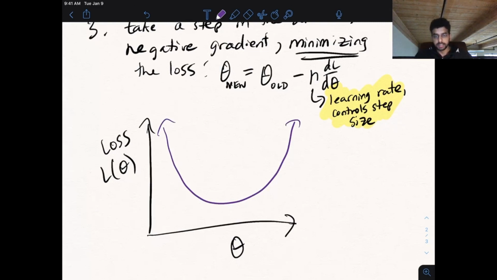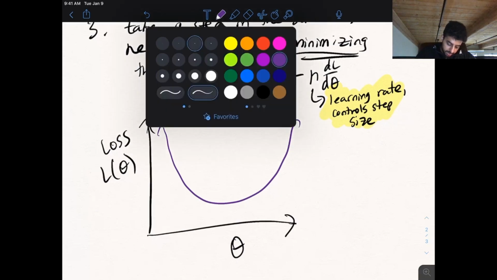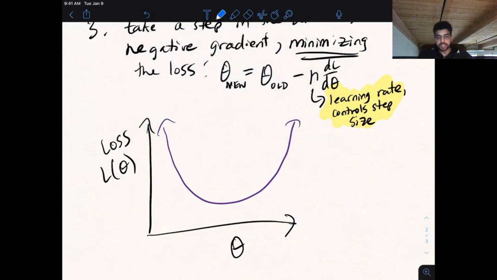So this is a convex function. In practice, we won't be dealing with functions like this, but we're still going to use gradient descent. This is just for demonstration. All right, let me pick a different color. So let's assume that I randomly initialize theta. So I have no idea before starting training what the best value of theta is that minimizes this loss function.